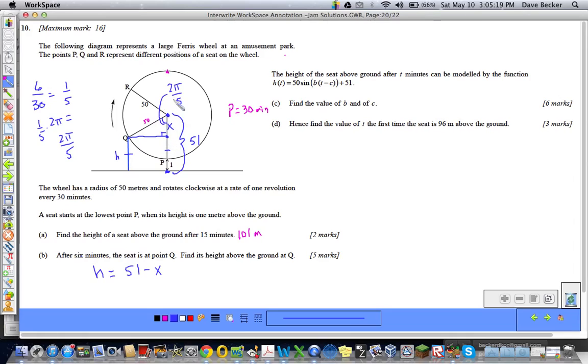Now I can use right triangle trigonometry. I'm looking for x, and I know the hypotenuse is 50. That is cosine. So the cosine of 2 pi over 5 is equal to the adjacent side x over 50.